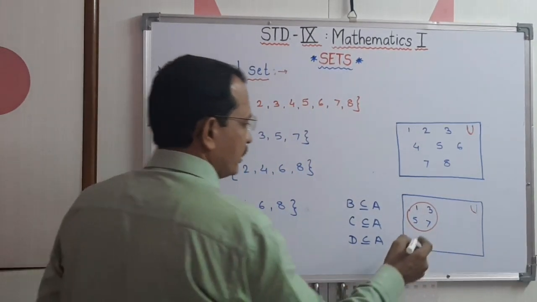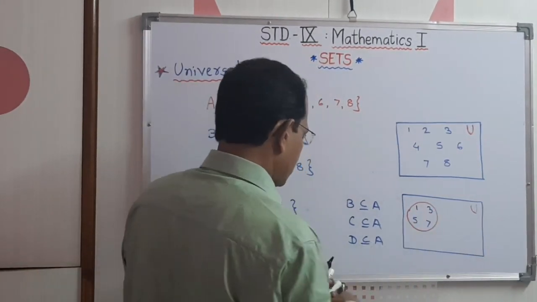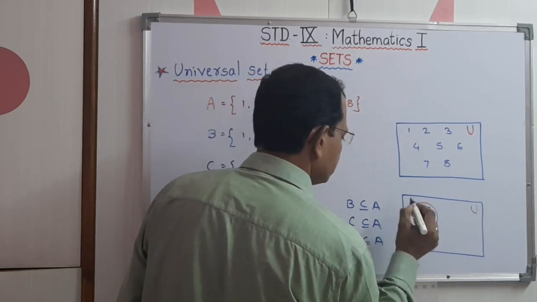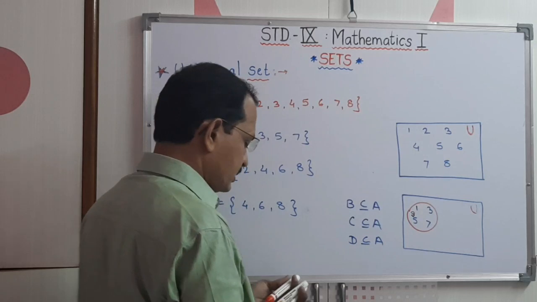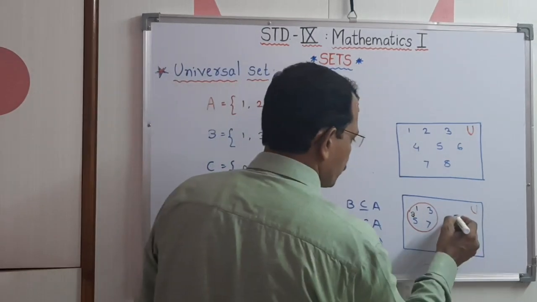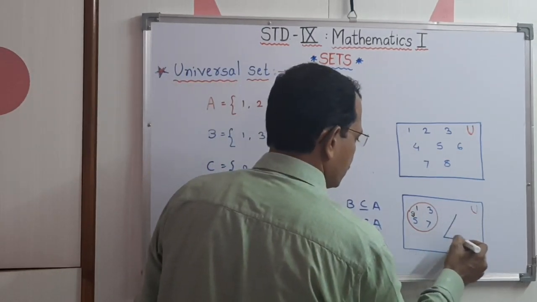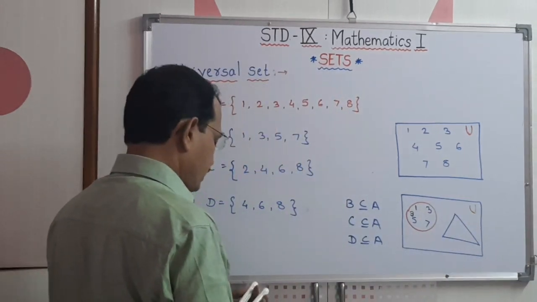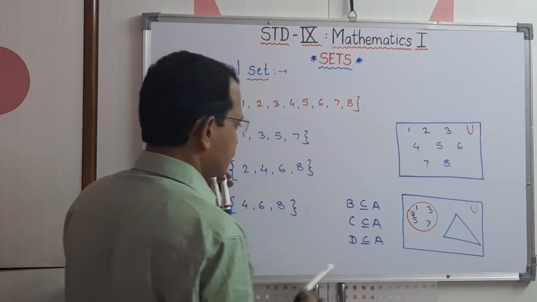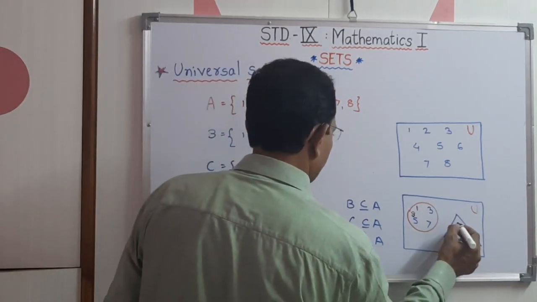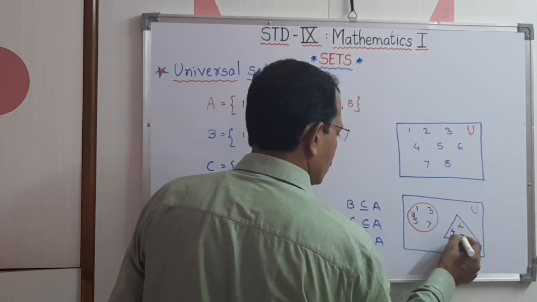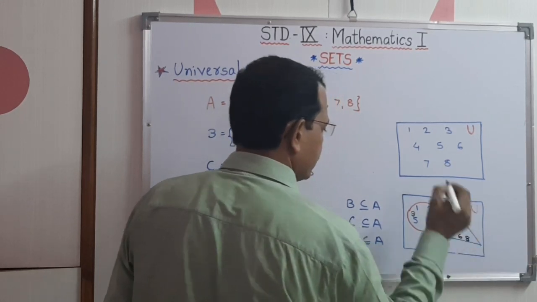This set is set B. Then there is another set, I draw the diagram like this, and this is set C. The elements are 2, 4, 6 and 8.